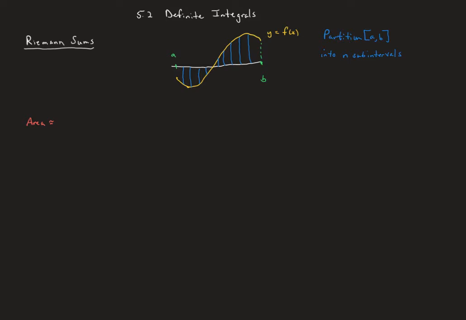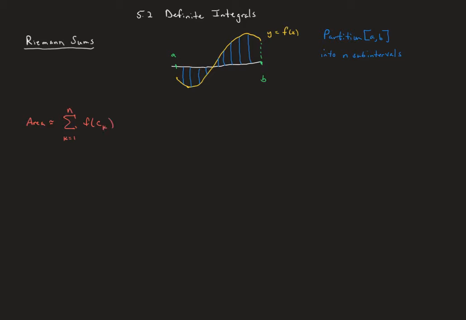So then we get that the area between the curve and the x-axis is approximately, and I'm trying to write squiggly lines there, and then we can write it in summation notation as the sum of, we'll say, k going from 1 to n of f of c sub k.